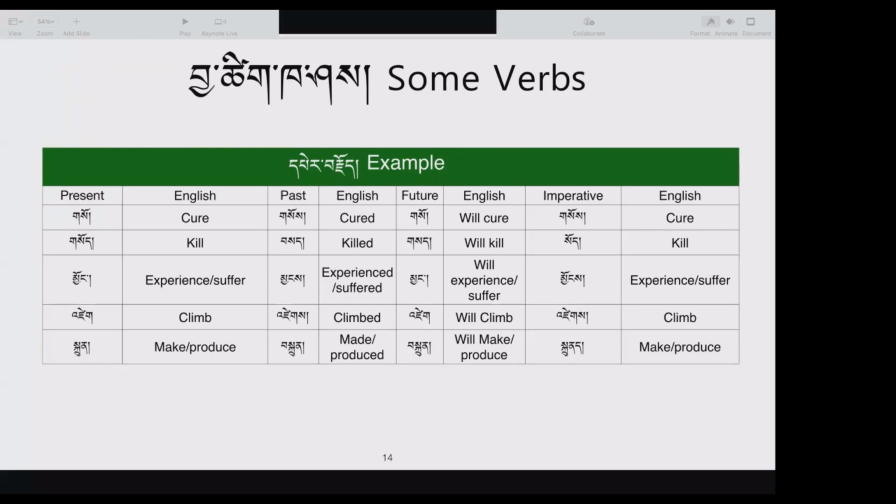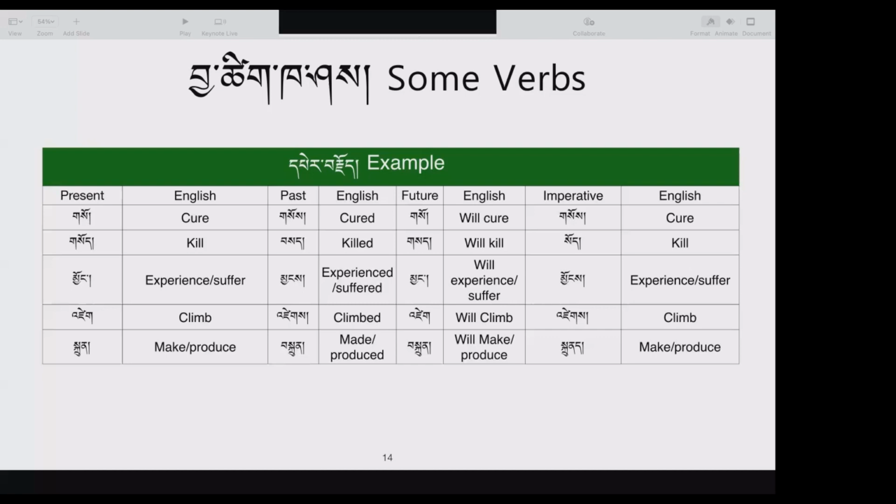Se: kill, killed, will kill, commanding someone to kill. Nyong: to experience or to suffer. Nyang: to have experienced or to have suffered.